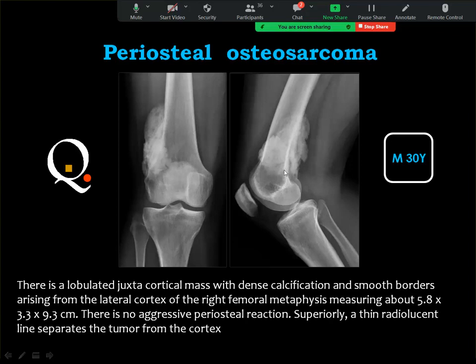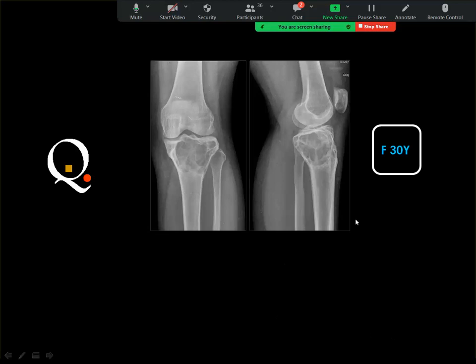Sometimes it can be mistaken for myositis ossificans even by histology, but for the diagnosis of myositis ossificans, you need the history of trauma, and you know that the site of myositis ossificans is usually anterior to the femur, which is the common site to be traumatized, while this lesion is a little bit lateral. Next case is a female patient, 30 years old, with a lesion in the tibia.